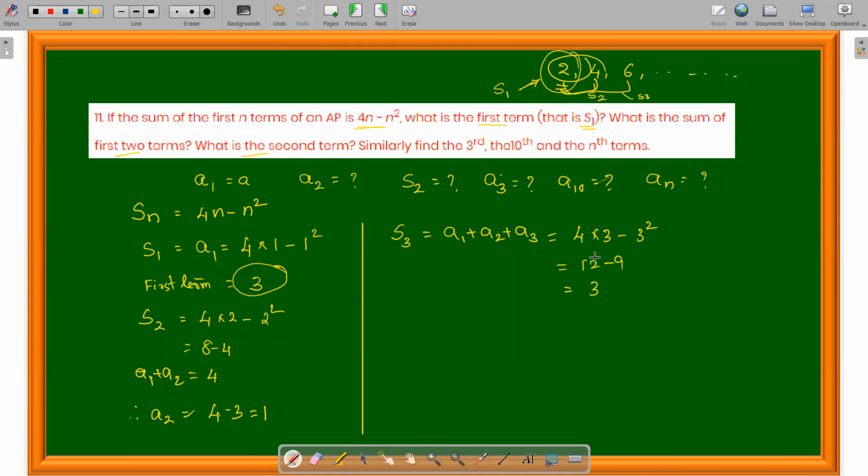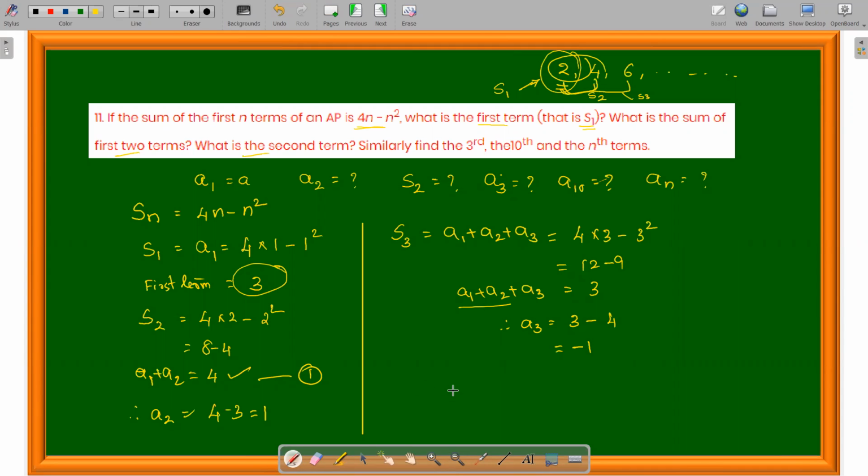That means the sum of all three terms a1 plus a2 plus a3 is 3 here. A1 plus a2 we already got, it is 4 here. So therefore a3 is equal to 3 minus 4, since a1 plus a2 is 4 from the earlier equation. So a3 is minus 1.